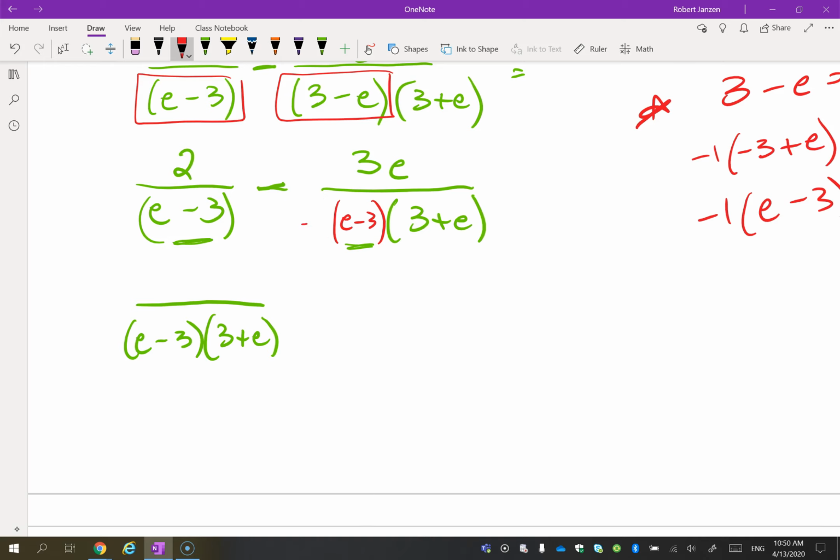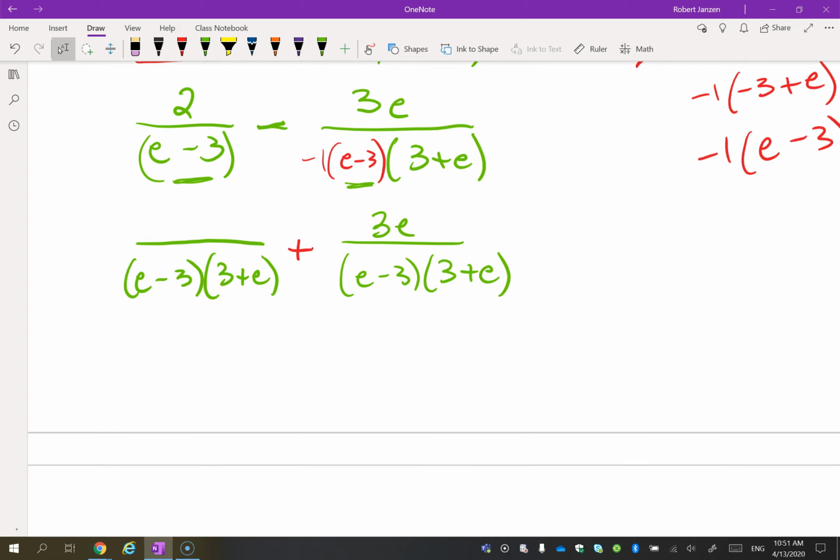Well, this negative 1, I could also write it up here, and multiply like that. So then that allows me to take that negative 1 and eliminate that negative sign. Okay, so then I have 3e, and this one I actually haven't changed. This is what my denominator was. I haven't put new factors there.